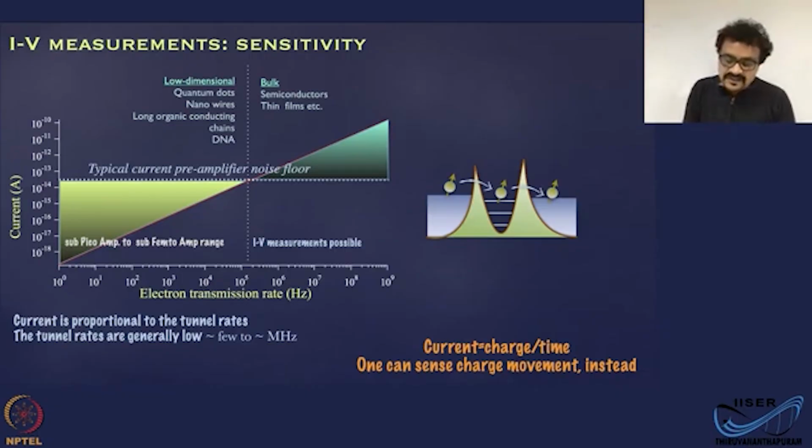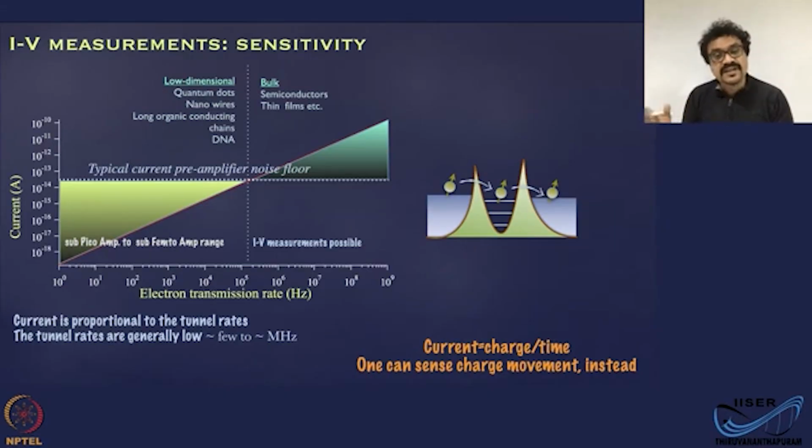So whenever the electron transmission rate is in this range and the current is in this range, you cannot really rely on current sensing, or you cannot measure the current through the device, irrespective of whether it's a quantum dot or nanowire or whatever the device you have.